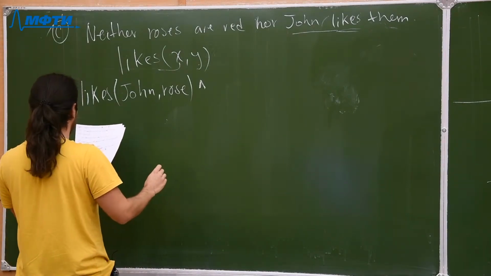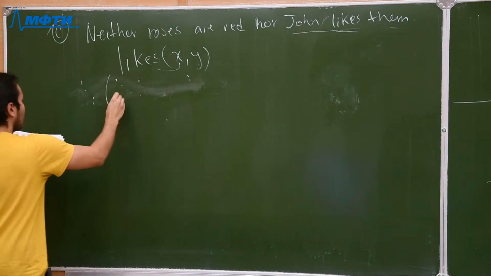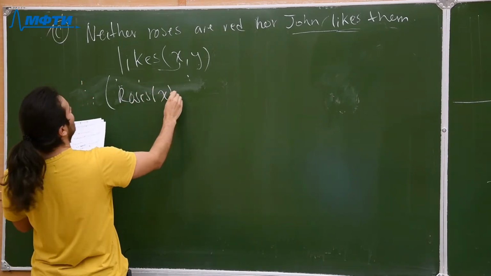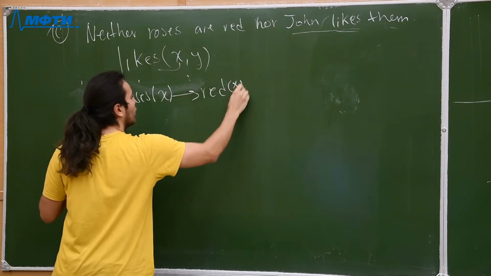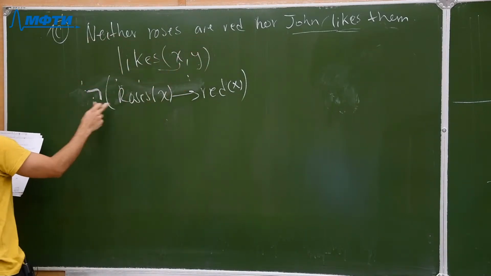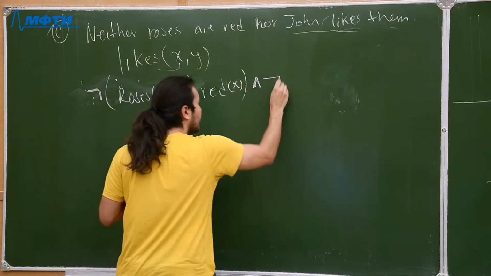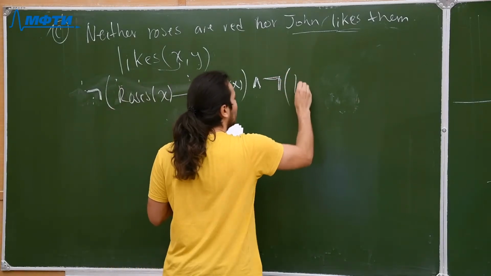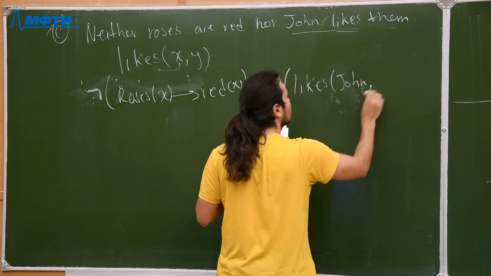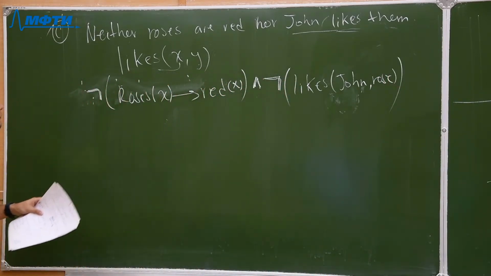Wait, one second. So roses are red. Okay, so this is the negation: neither roses are red, nor, so negation again, John likes them. John likes rose. Okay.